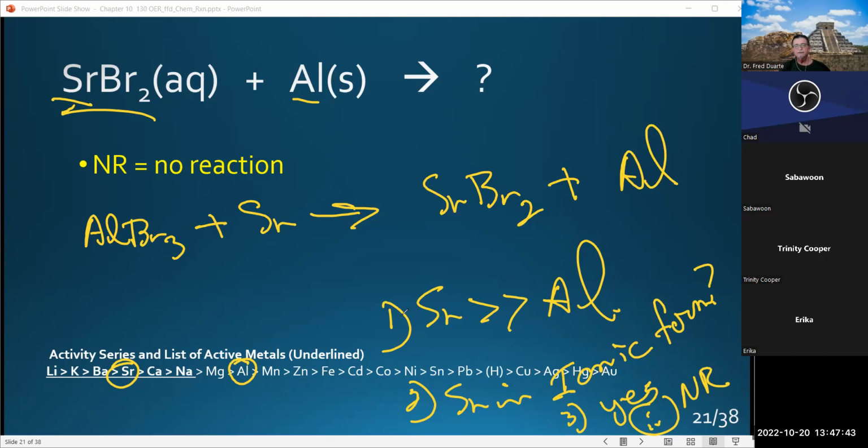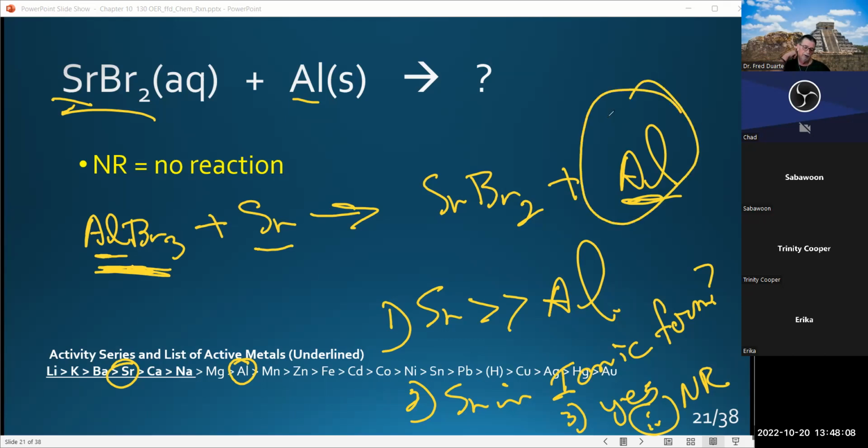Now think about this: if you ever want to isolate certain metals, if the metal you want to isolate is in ionic form, you just find a metal that's more reactive than the metal you want to isolate, like strontium, and then you are isolating your aluminum.